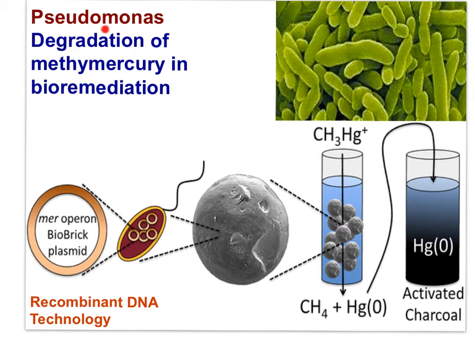Now, Pseudomonas species have been genetically modified with a plasmid known as the mer plasmid or the mer operon. The genetically modified Pseudomonas, placed on the surface of an inert medium within a column through which polluted water or soils are poured, can degrade the methylmercury, releasing elemental mercury which can be safely removed from the environment.